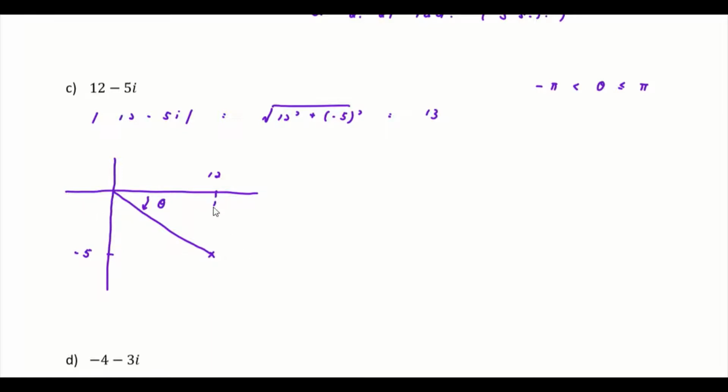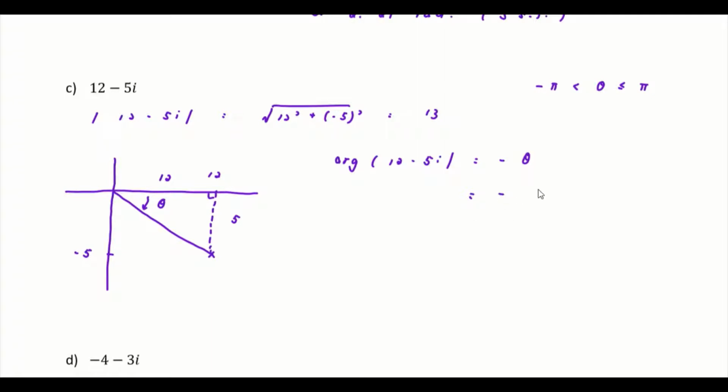Okay, so same thing, we draw the right angle triangle here. So opposite is 5, then the adjacent is 12. But this is the other way around, so the argument theta that we are looking for is going to be equal to negative theta. Because it's the other way, so this is the negative direction, right?